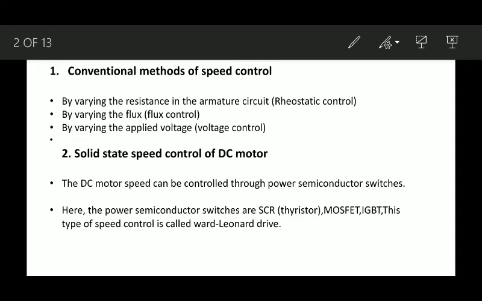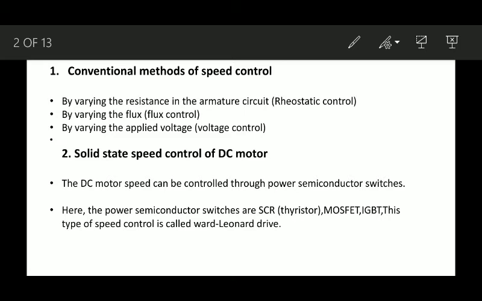In today's lecture we will study the speed control of DC motor. In the previous unit, we studied how we control AC voltage and DC voltage.